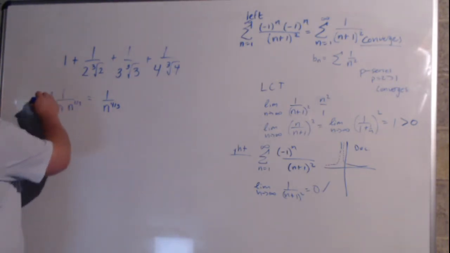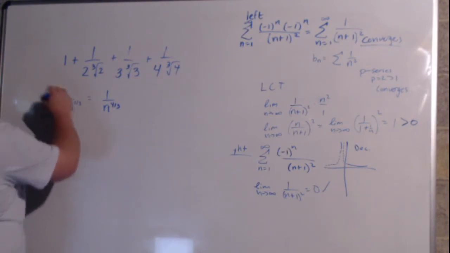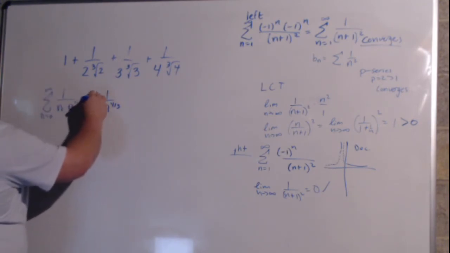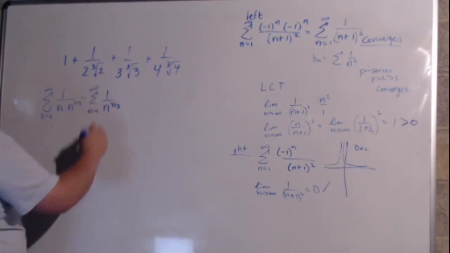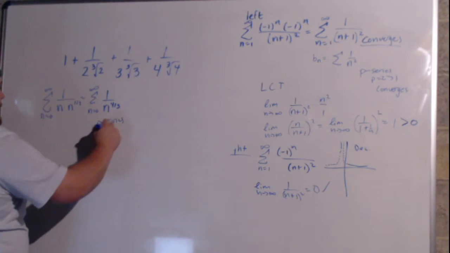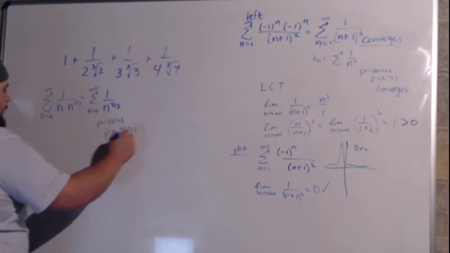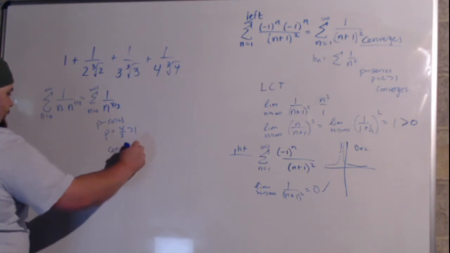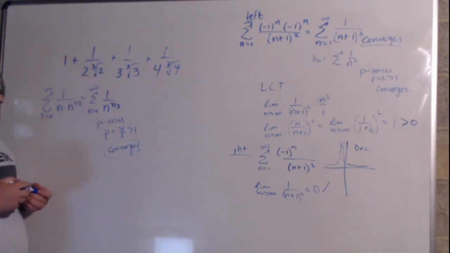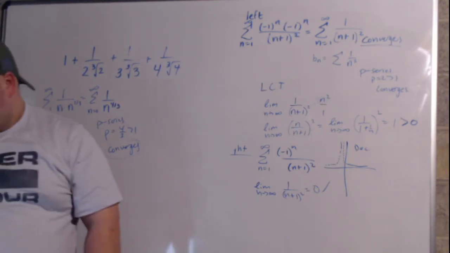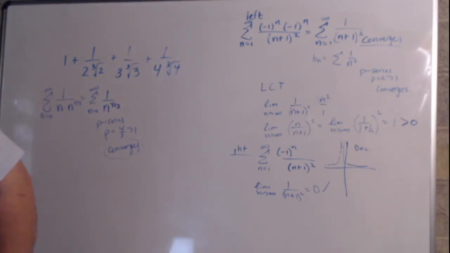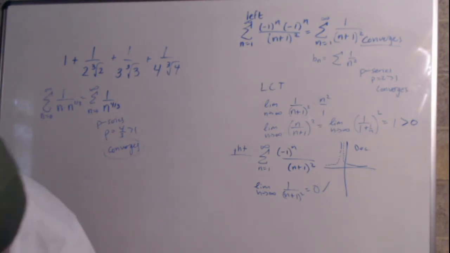And that's a sum now from n equals 0 to infinity. So that's a p-series. P is 4/3, greater than 1, converges. Ah, darn it. Second time I've sat on an eraser the past 2 days.